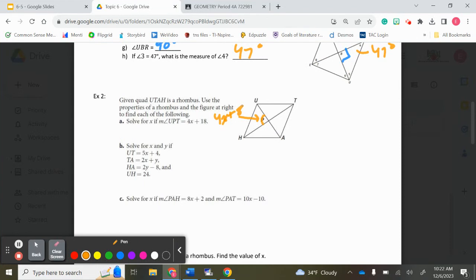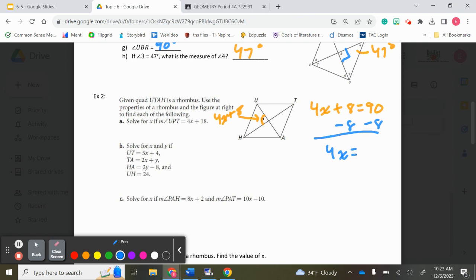Not congruent. The diagonals are perpendicular bisectors. So we know that 4x plus 18 has to equal 90 here.